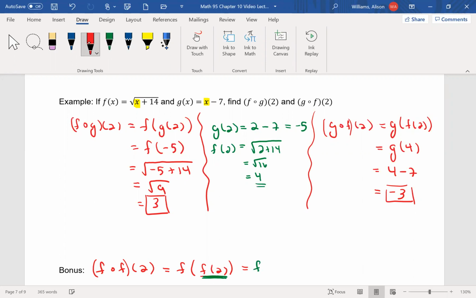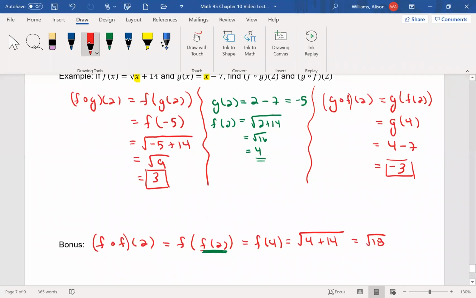So f of 4 is the square root of 4 plus 14, which is the square root of 18. That one doesn't simplify nicely. However, 18 is 9 times 2, and the square root of 9 is 3, but you can't take the square root of 2. So that's how you would find a function composed with itself.